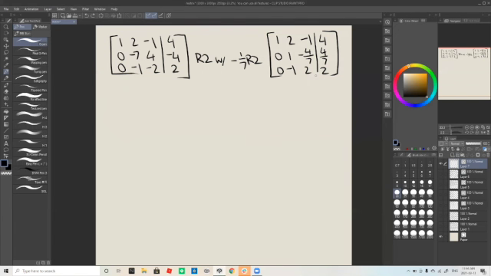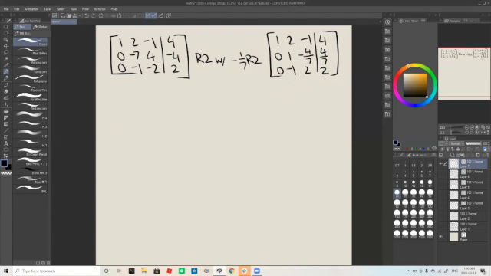So we need to somehow get this 2 to be 1 and this 1 to be 0.